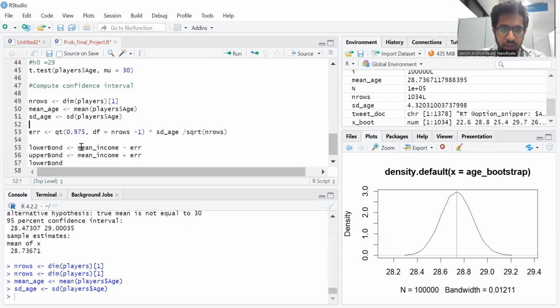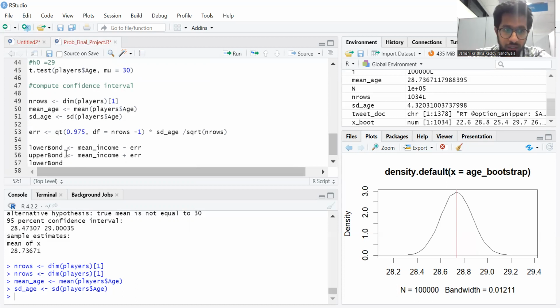This is a 95% confidence interval. I just took 0.975 because the distribution is two-sided, it is going to reduce by 0.025, so that we get the 95% confidence interval. df equals nrows minus 1 as per the formula, and the standard deviation of age divided by the square root of nrows will give us the error.